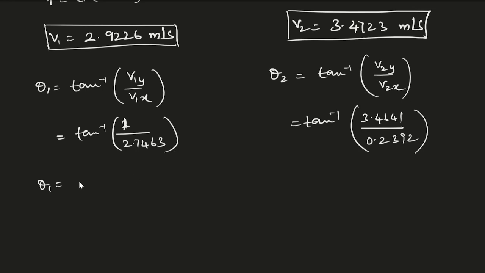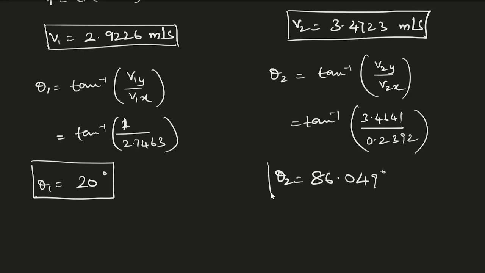This gives me an angle of 20 degrees. So theta 1 is 20 degrees. Theta 2 equal to tan inverse of 3.4641 divided by 0.2392. This gives 86.049 degrees. So we found all the parameters.